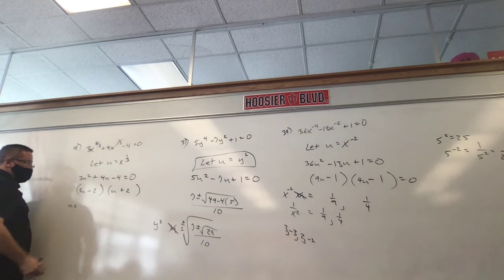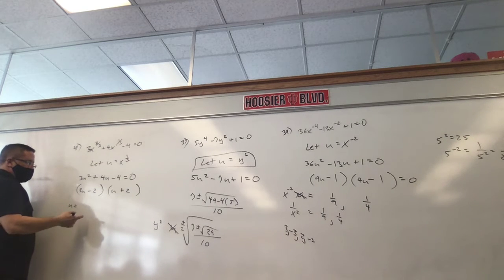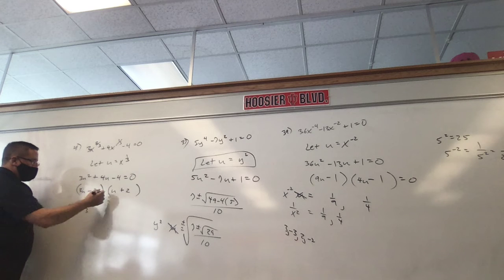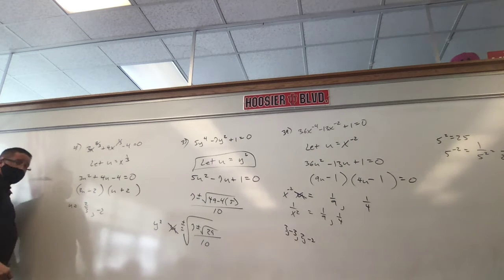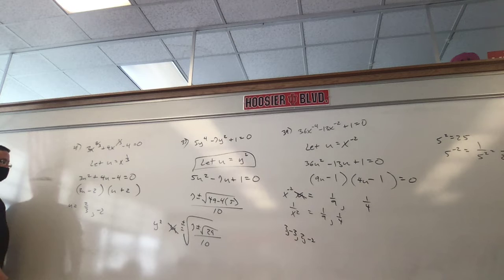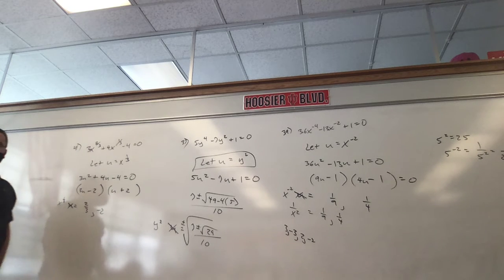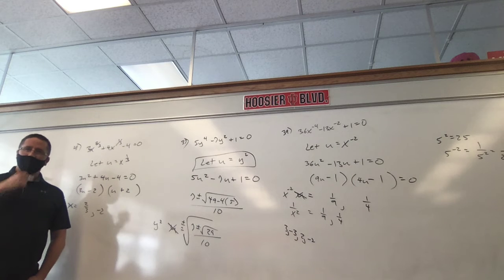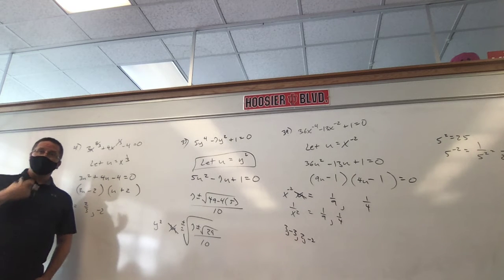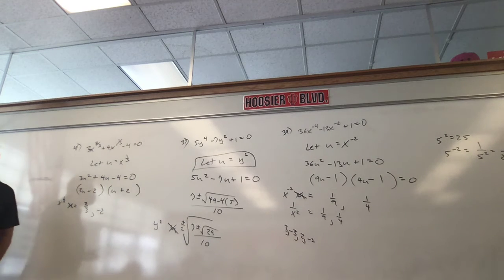What is u? 2/3 or negative 2. And what is u? We talked about this about a half hour ago. What's another way of saying x to the 1/3 power? The cube root.